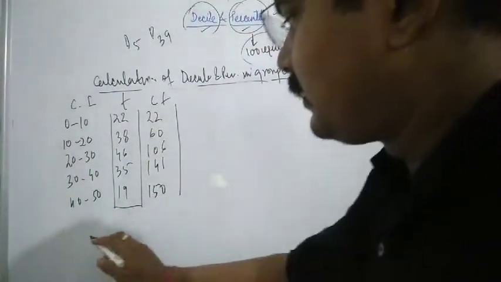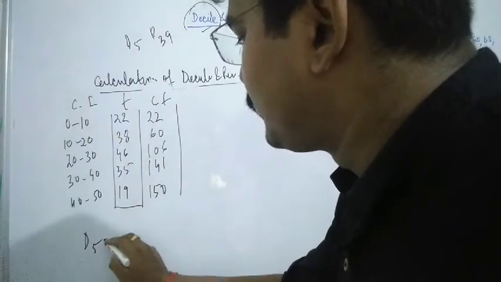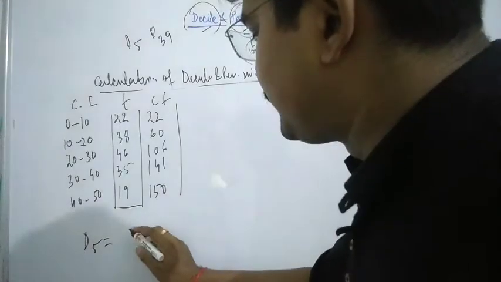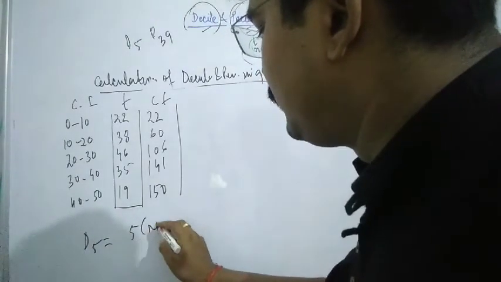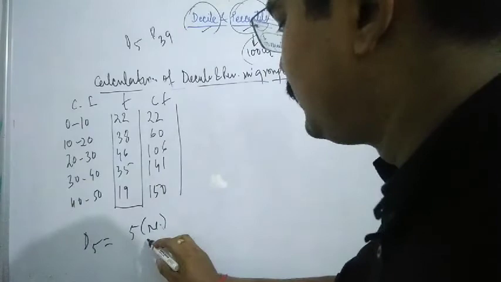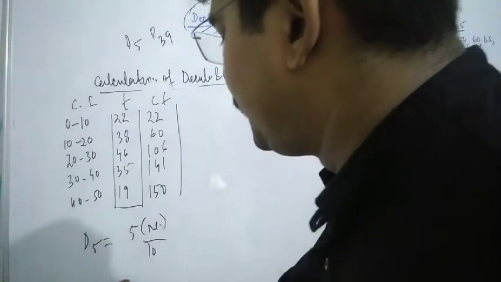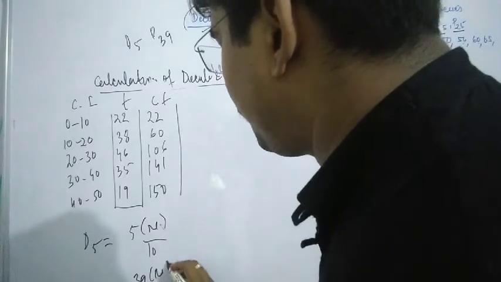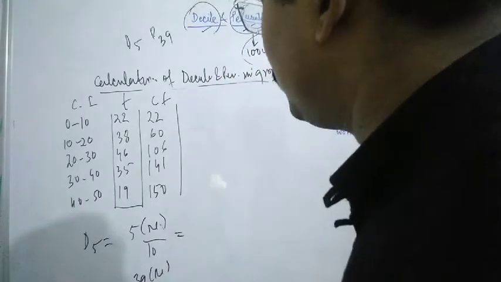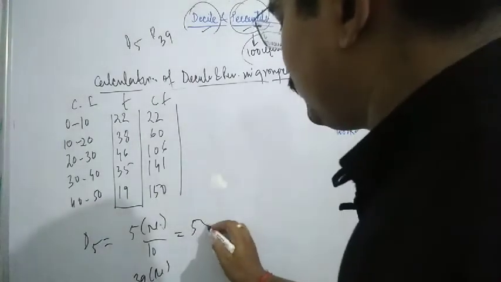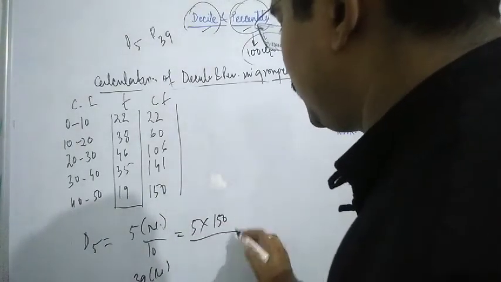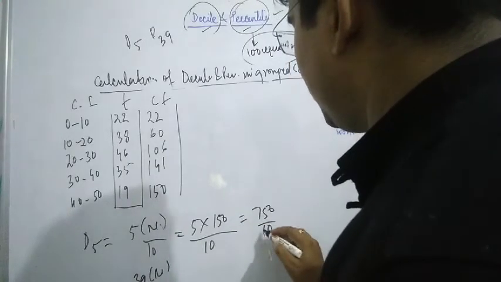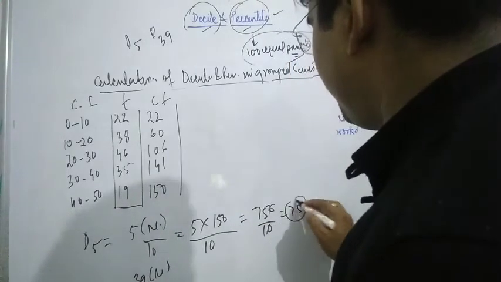For D5 we have to calculate the class interval value. It is 5n upon 10, and for P39 it would be 39n upon 100. So 5 into 150 upon 10, 750 upon 10, it would be the 75th value.